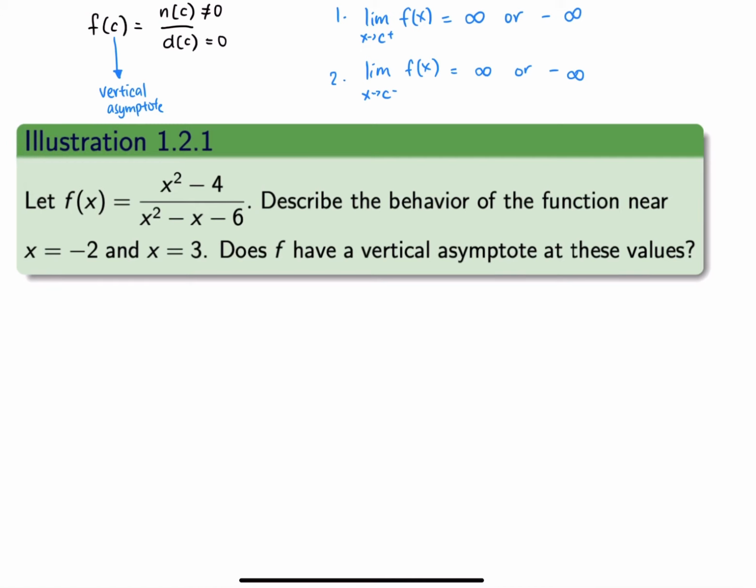Here, let f of x be equal to x squared minus 4 all over x squared minus x minus 6. We want to describe the behavior of the function near x equals negative 2 and x equals 3. And we have here a question: does f have a vertical asymptote at these values? Let's start with x equals negative 2.